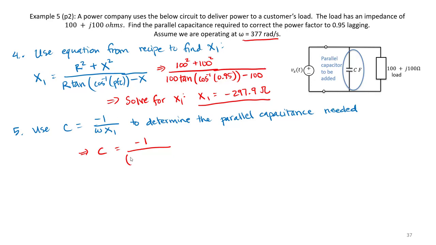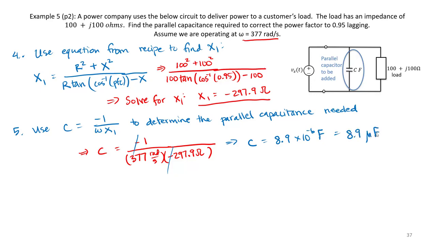So we plug those in: 377 radians per second times negative 297.9 ohms. And you'll see if we plug that in, notice the negative signs cancel. And we'll determine the capacitance we need is approximately 8.9 times 10 to the -6 farads, or about 8.9 microfarads.